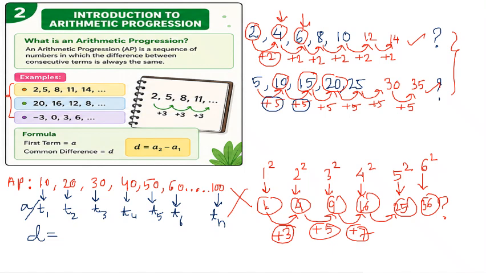So the common difference means the second term minus the first term, right? We can even write T1 as A1, T2 as A2, T3 as A3. These are just symbolic representations. So the common difference will be the second term minus the first term. Next it will be the third term minus the second term, and so on.